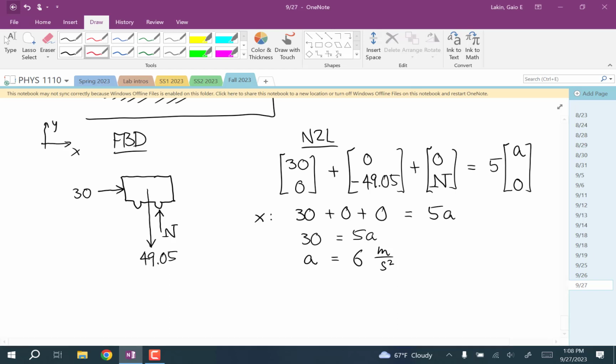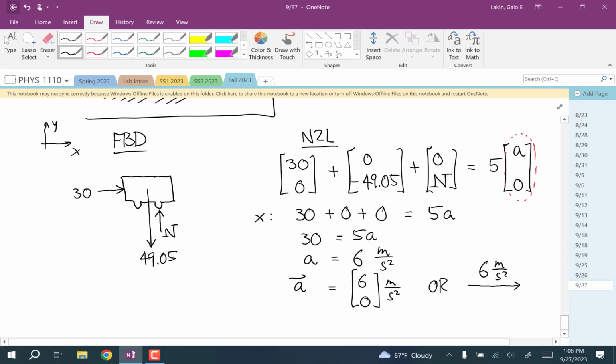But notice that we've already decided what the acceleration of this cart was. We just didn't know what a was, so we couldn't fill in this vector with a. But now that we've calculated this value, we can. So plug this 6 in here, and you get that the acceleration vector is 6, 0. Or in other words, it's going this direction with a magnitude of 6 meters per second squared.